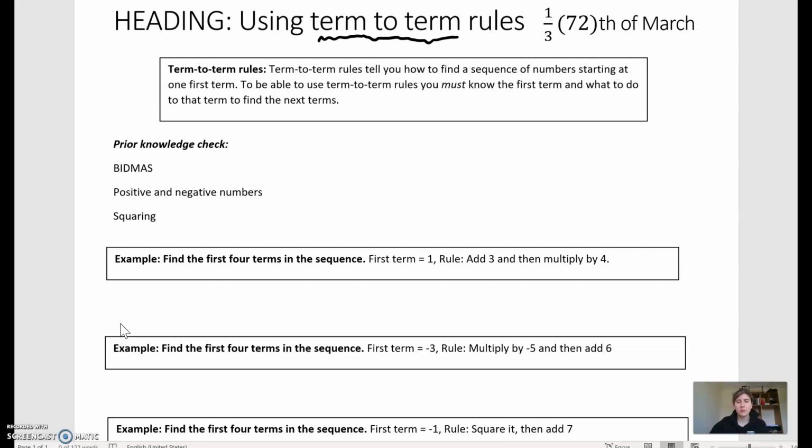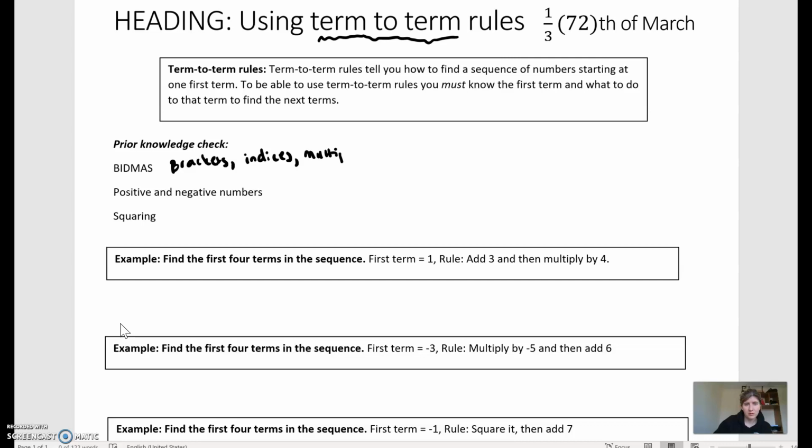Right? So there is a little bit of prior knowledge that you need to be able to do, that you should be feeling confident with before you're using term-to-term rules. So they are BIDMAS. So you know that when you're working, brackets come first. Okay, indices next.